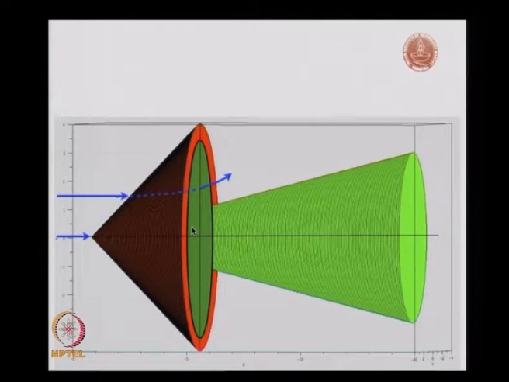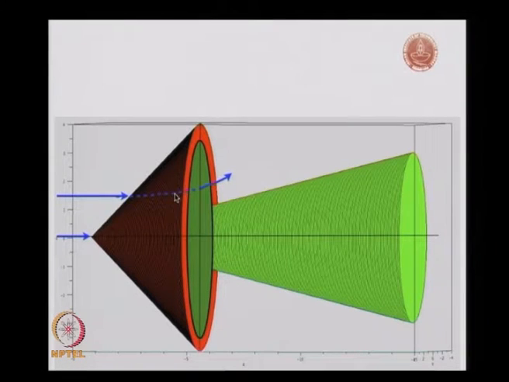Again, the streamline goes inside, traversing into the cone. If I were to look at the projection of this onto the xy plane, I would see it crossing somewhere over here.